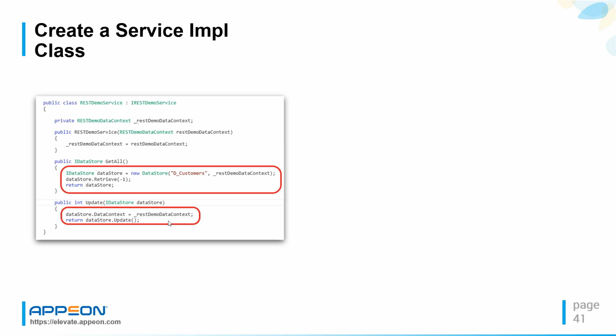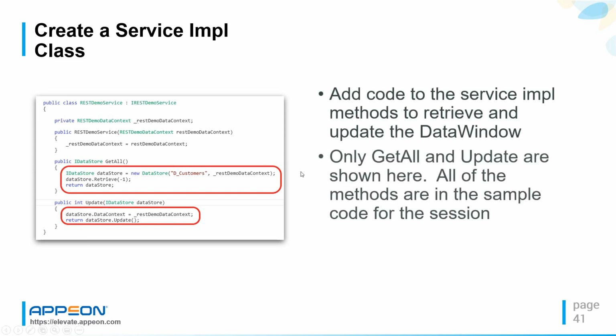Your PowerBuilder developers should pick up on this really quick, and particularly this next one should be really familiar to them. You just take the data store and do an update on it, and the return value will be the success or error code for the update, and then we just return that. So pretty easy conversion for your PowerBuilder developers. They don't have to learn a lot of new syntax here.